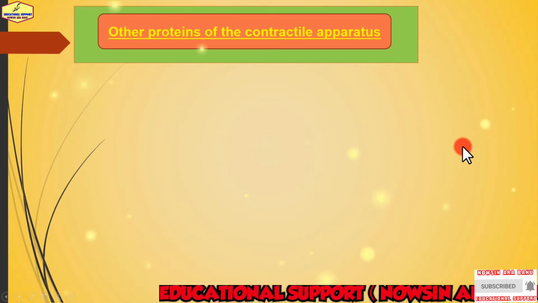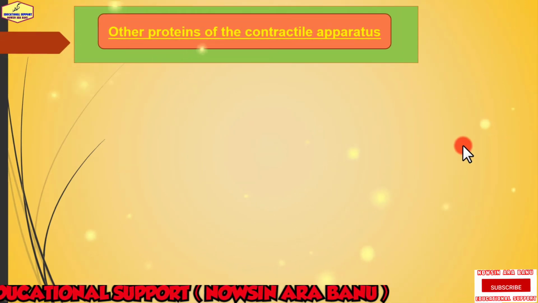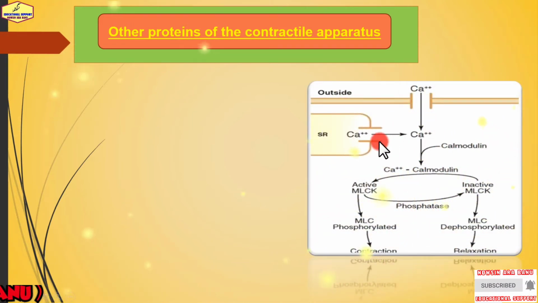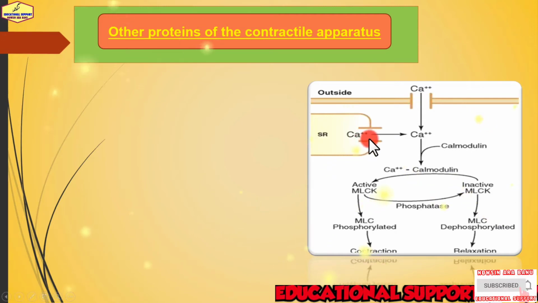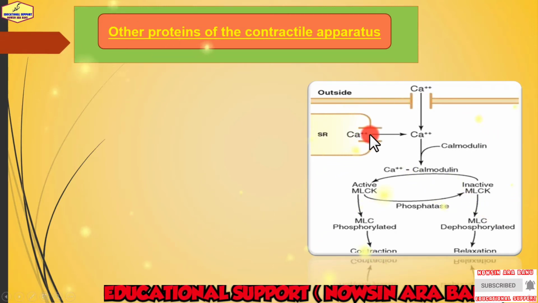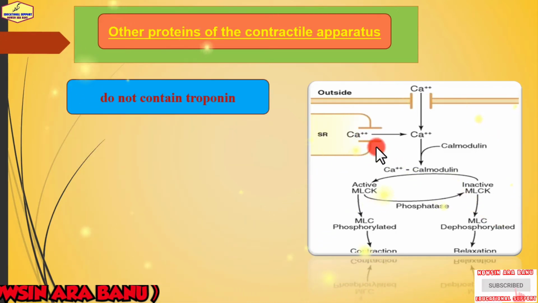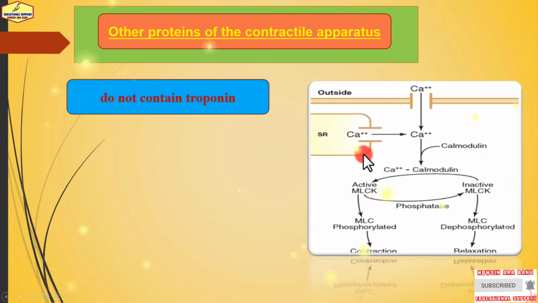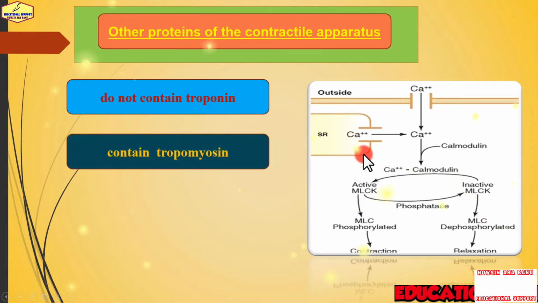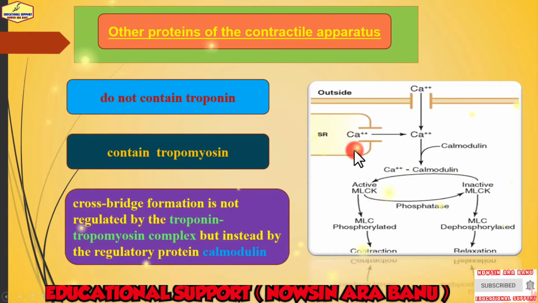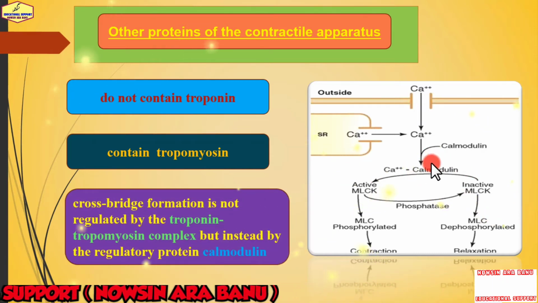Other proteins of the contractile apparatus. Because smooth muscle cells don't contain troponin but contain tropomyosin, cross-bridge formation is not regulated by the troponin-tropomyosin complex but instead by the regulatory protein calmodulin.